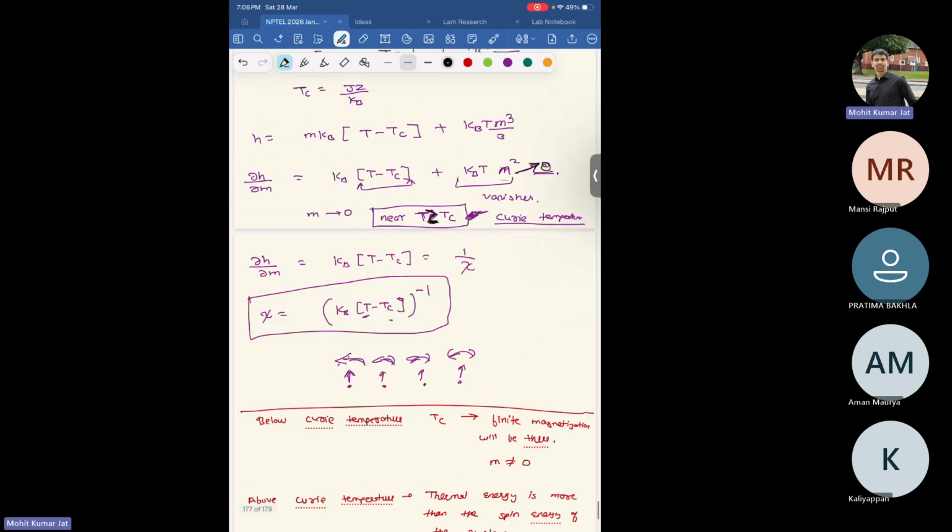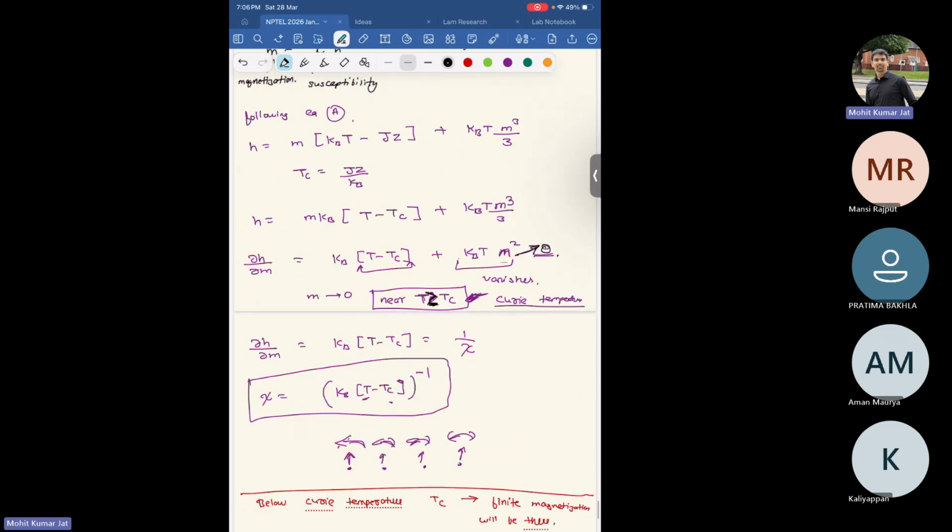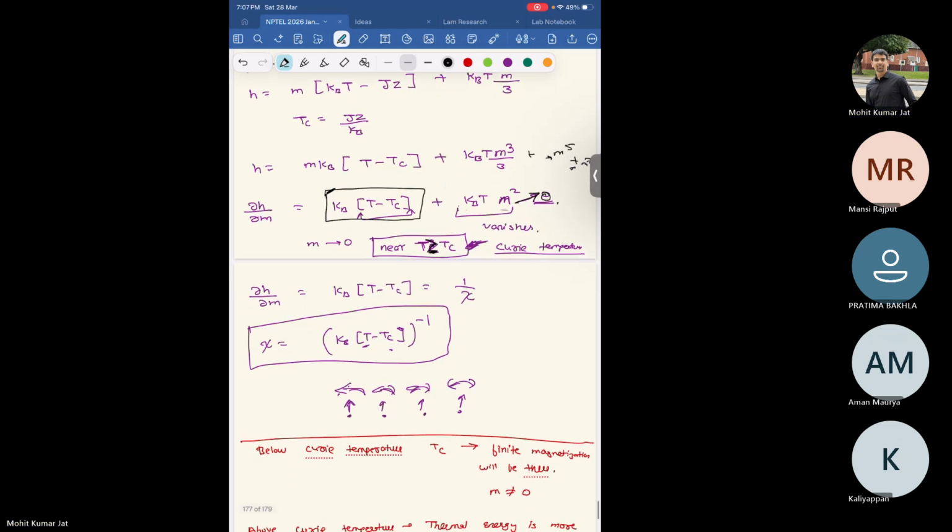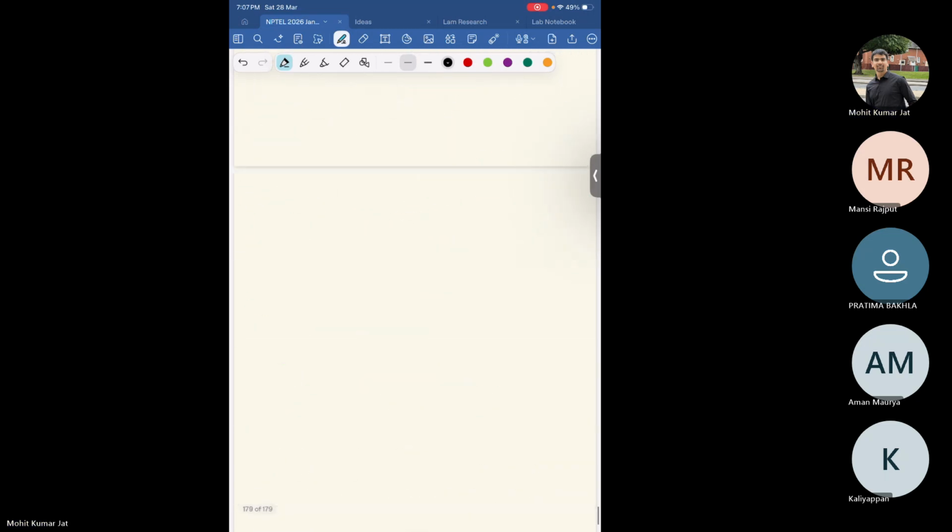Not only the second term, the higher terms will also vanish. This is m cube, but there will be m to the power 5, m to the power 7. All those terms will be zero because your m will go to zero. So only the first term survives, which doesn't have m in it. That's why this term survives. Susceptibility goes as the inverse of the temperature. What do you say?